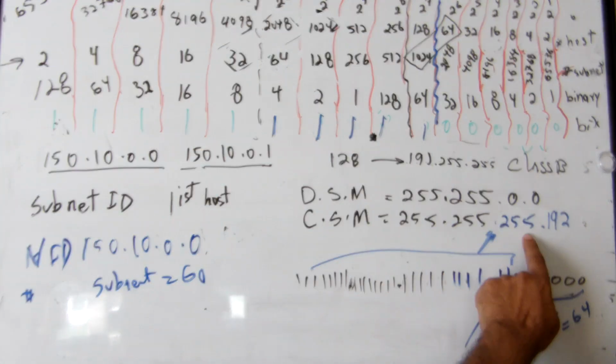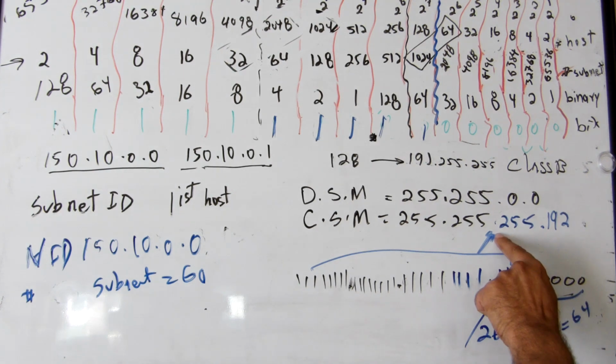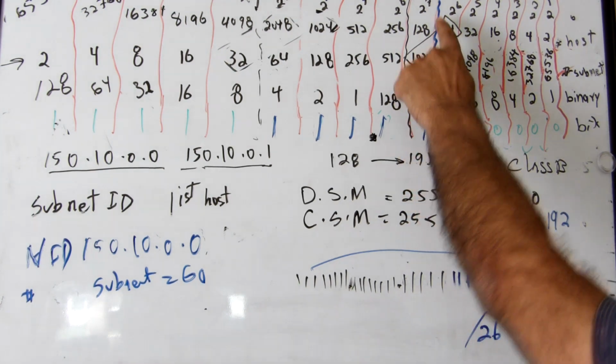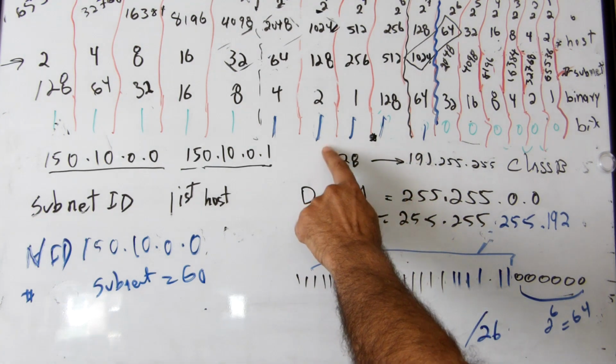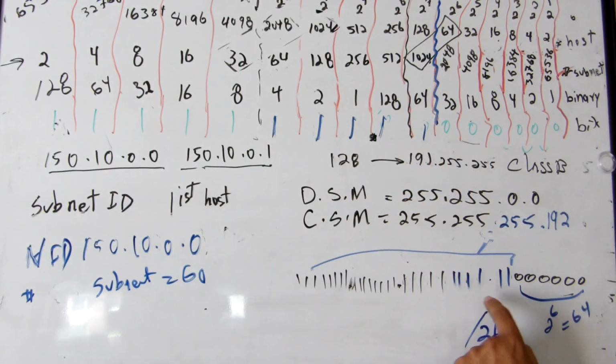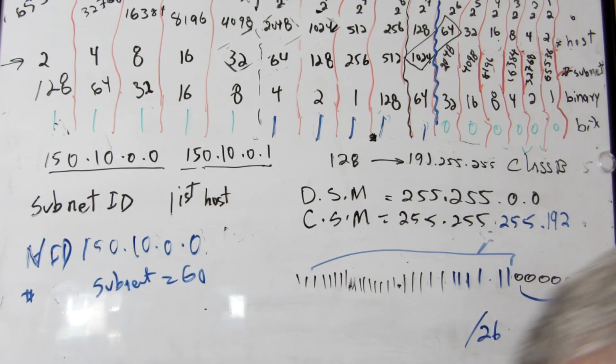If they give you the number of bits, it means that you have to draw a line here, because there are 8 ones plus 2, which is 10. There are 10, 2 to the power of 10.